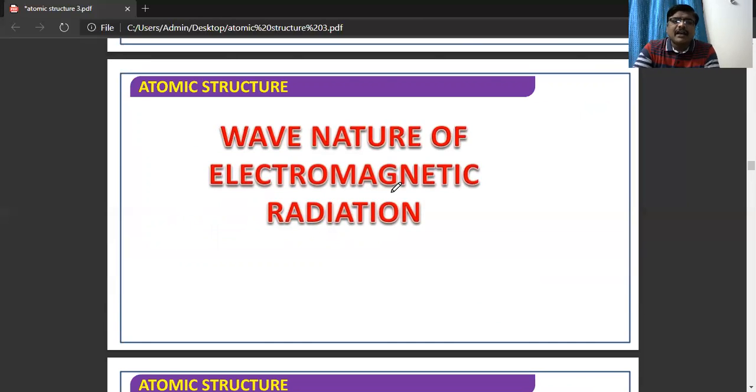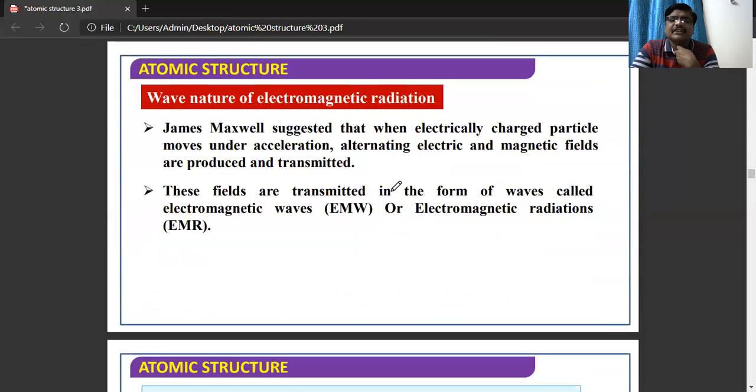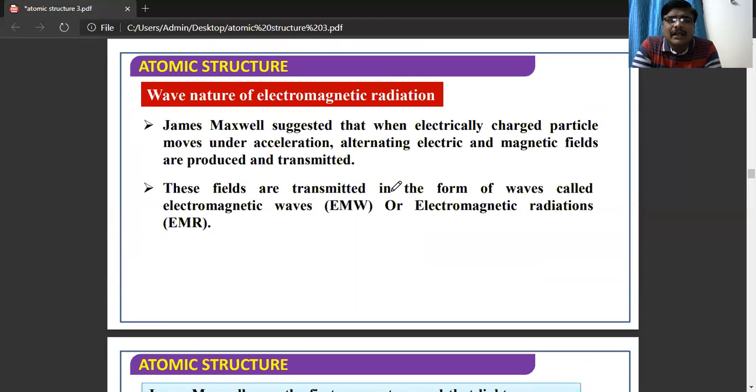Next, when we consider the wave nature of electromagnetic radiation, this was proposed by James Maxwell.